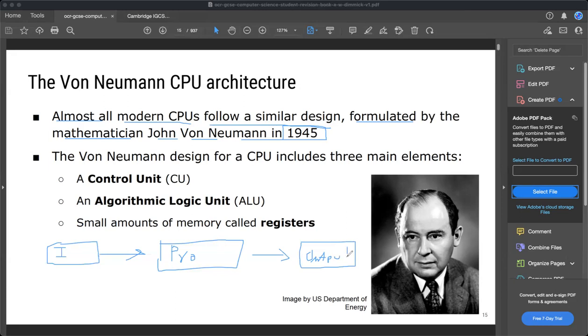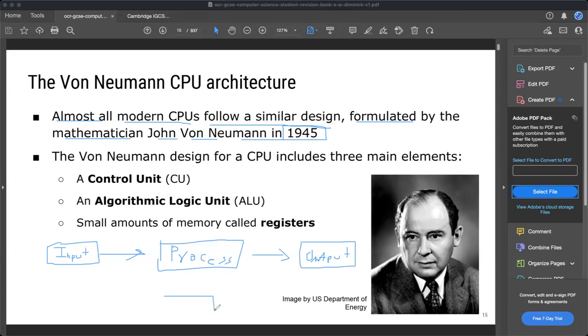Okay, so this is a computer, right? Input, process, and output. So von Neumann proposed the idea that in our processing unit, we only process the data. We cannot store the data.